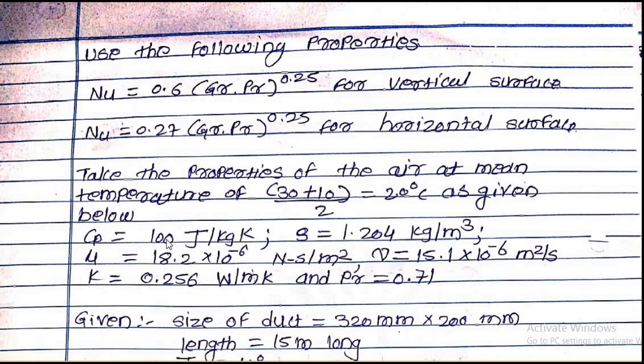Specific heat is given as 1005 joule per kg Kelvin, density 1.204 kg per meter cube, dynamic viscosity mu equal to 18.2 into 10 raised to minus 6 Newton second per meter square, kinematic viscosity equal to 15.1 into 10 raised to minus 6 meter square per second, thermal conductivity K equal to 0.256 watt per meter Kelvin, and Prandtl number equal to 0.71.